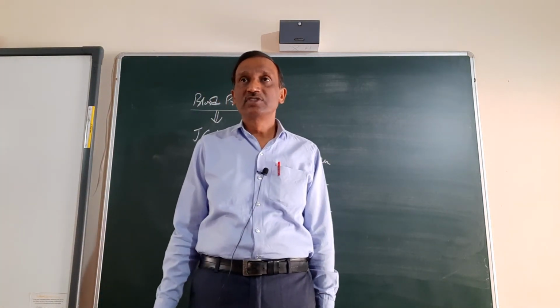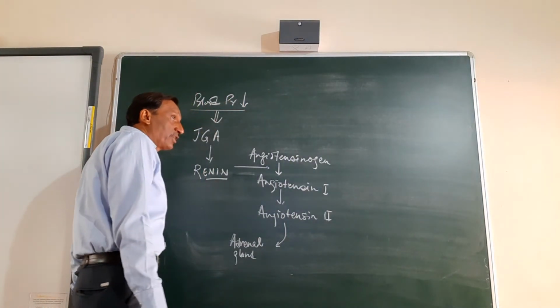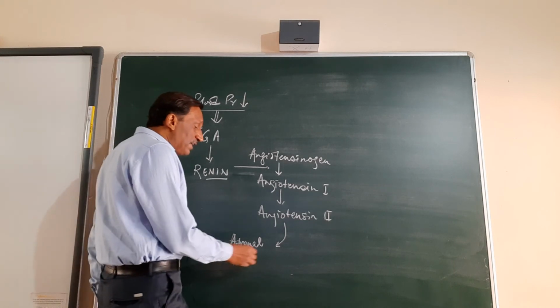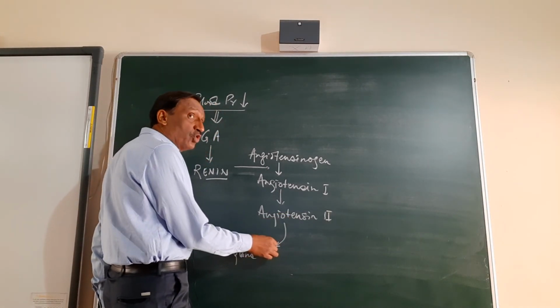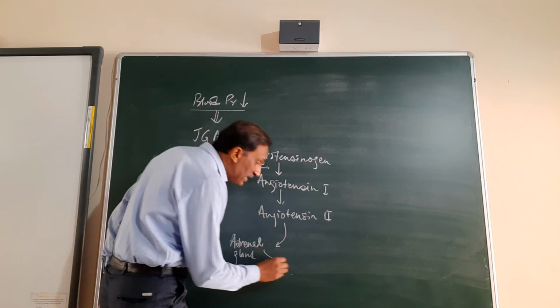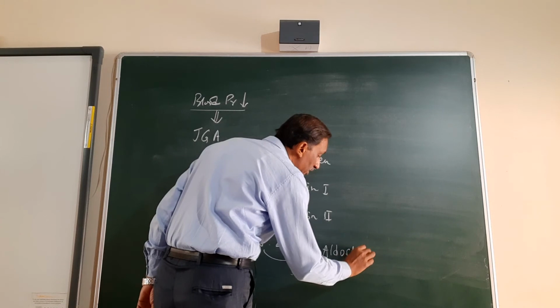Adrenal hormones we studied in 10th class, in the 7th chapter, control and coordination. When the adrenal gland comes in contact with the angiotensin 2 of the blood, it releases another hormone called aldosterone.